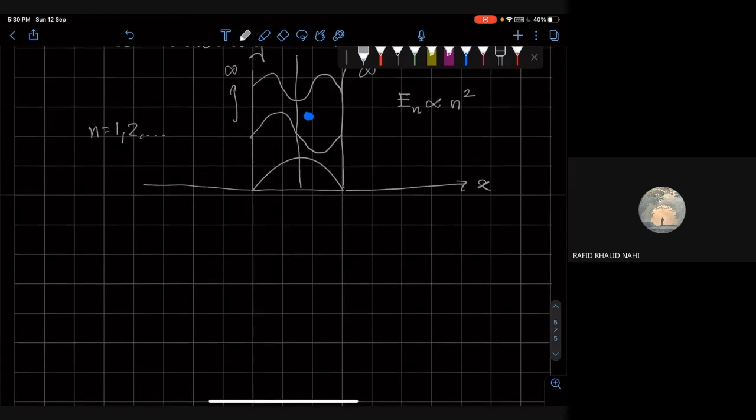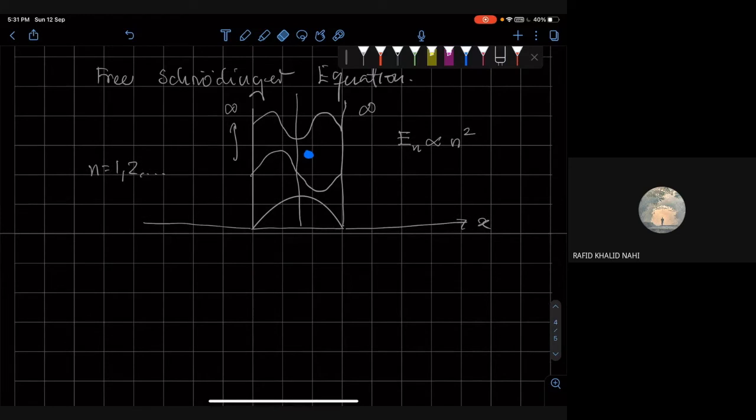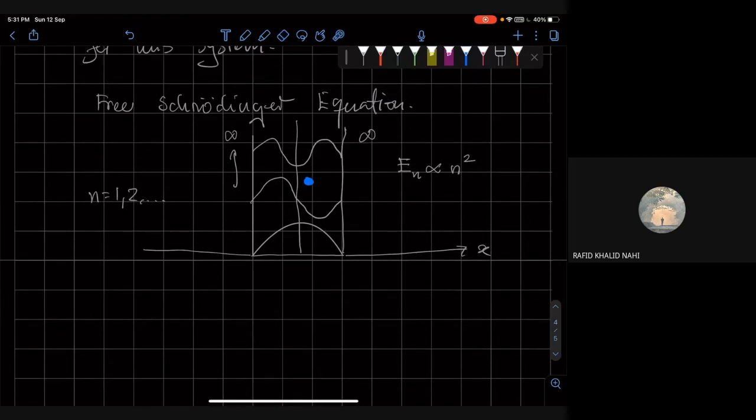But this was not really a free particle. We solved the quote-unquote free Schrodinger equation in this region with this boundary condition.